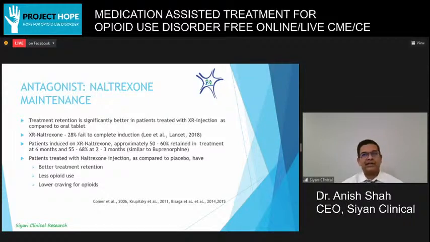Those are the three things which have been far superior compared to placebo with naltrexone injections. People who use naltrexone injections are also less likely to relapse and have a longer period of opiate-free days compared to when you use oral tablets.